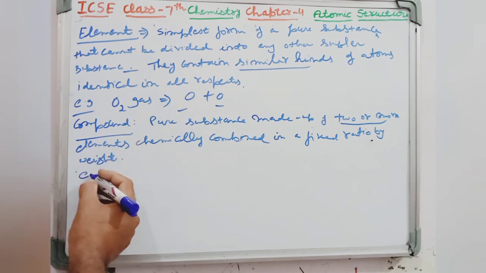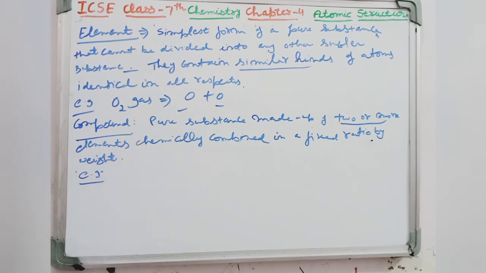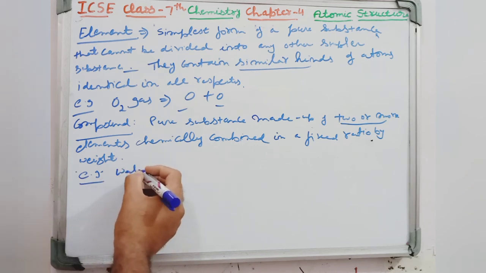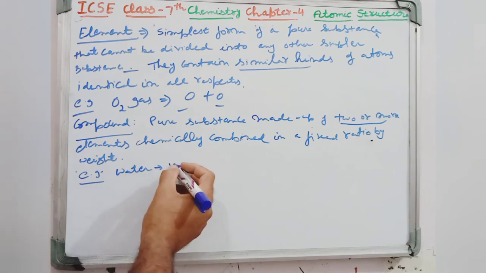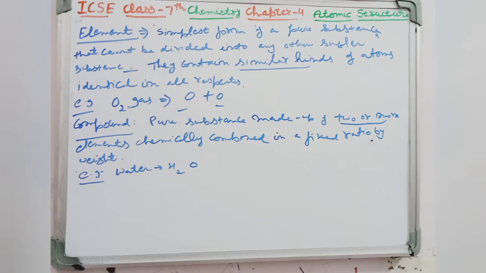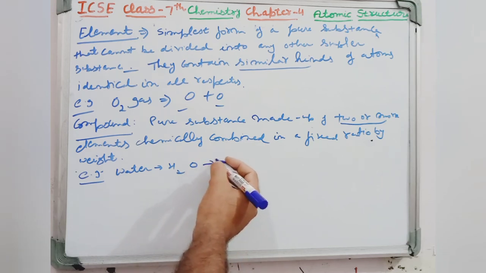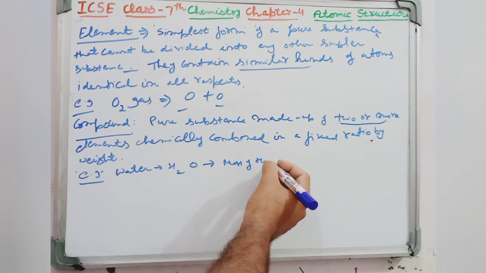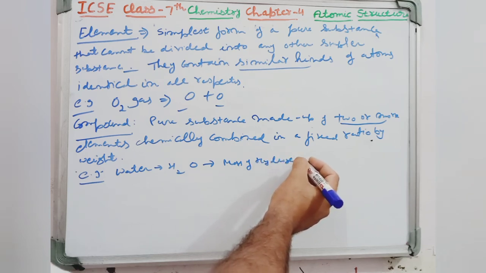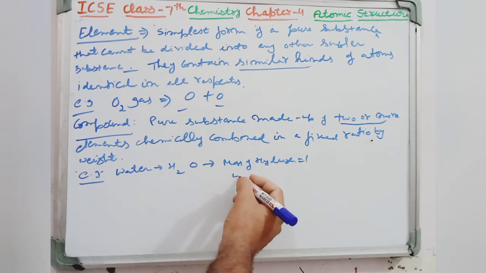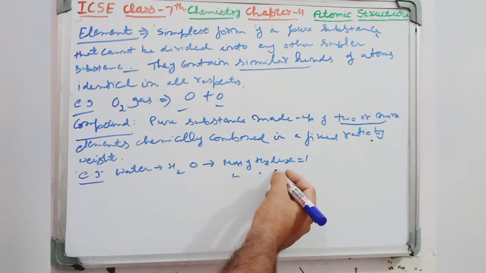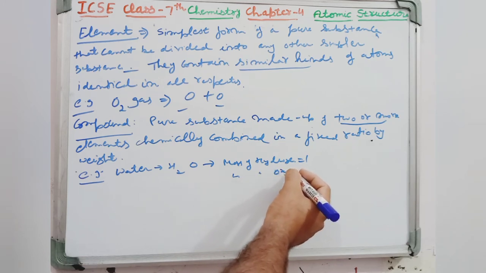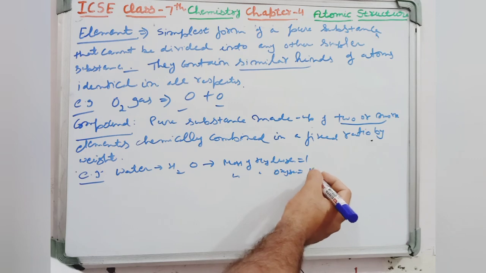The best example you know is water. Water is H2O. Here the mass of hydrogen is equal to 1 and the mass of oxygen is equal to 16.